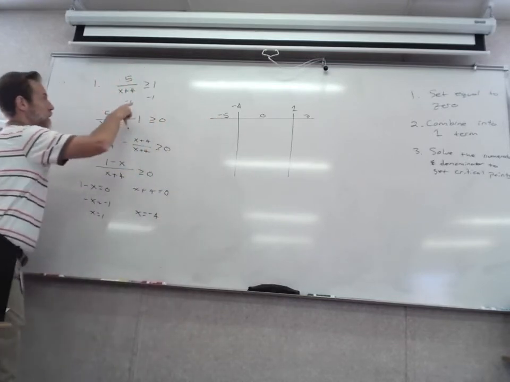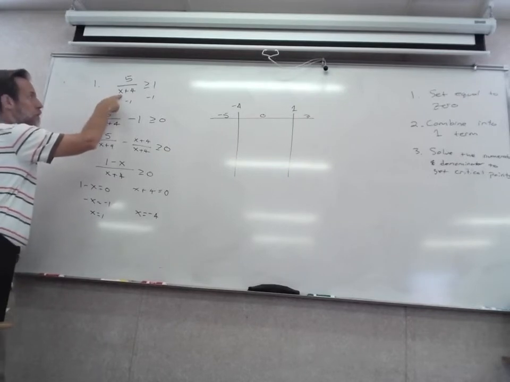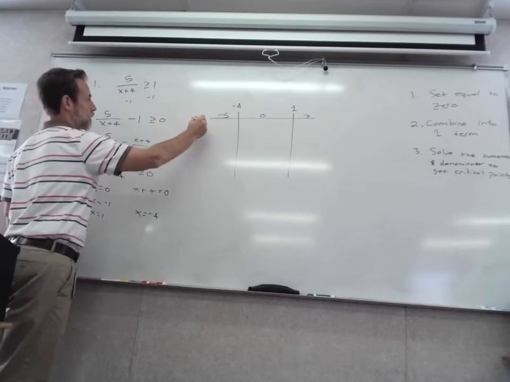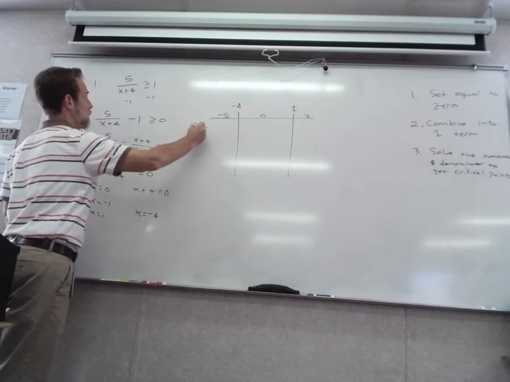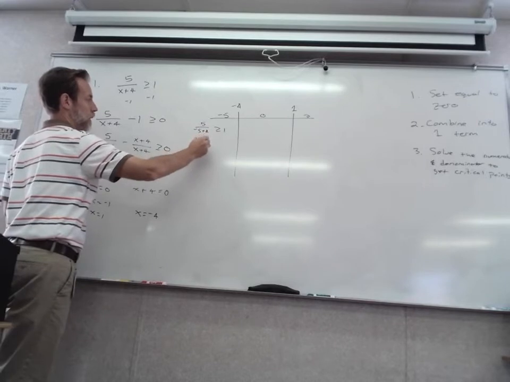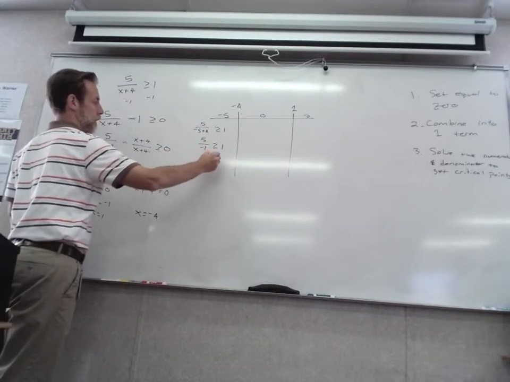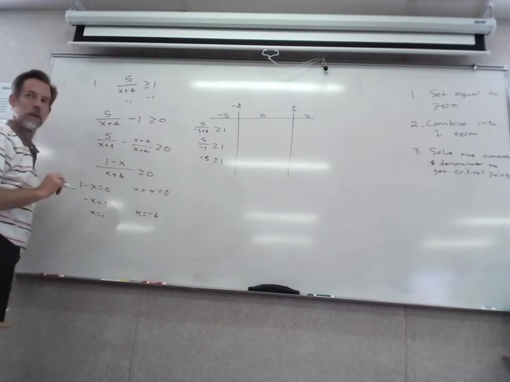And we'll plug these numbers in for x into the original inequality. So when I do negative 5, I'll have 5 over negative 5 plus 4, which gives me 5 over negative 1, which is negative 5. So is negative 5 greater than or equal to 1?